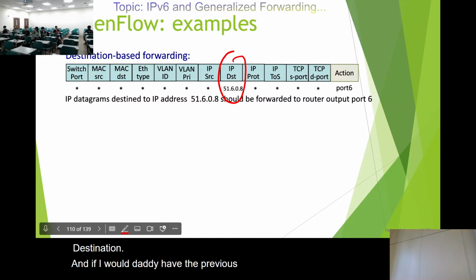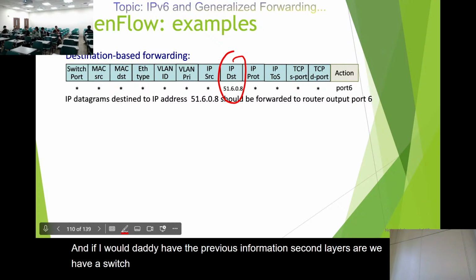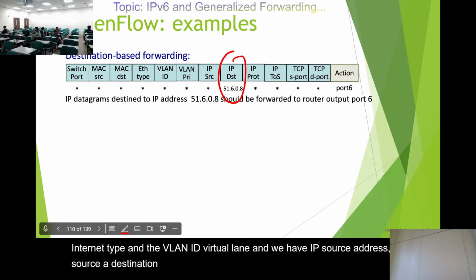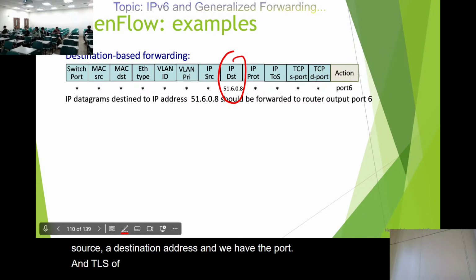Second layer, so we have switch port, MAC source address, MAC destination address, and Ethernet type, and VLAN ID, virtual LAN, and we have IP source address, IP destination address, and we have the port and TLS of IP, and type of service, and the others.